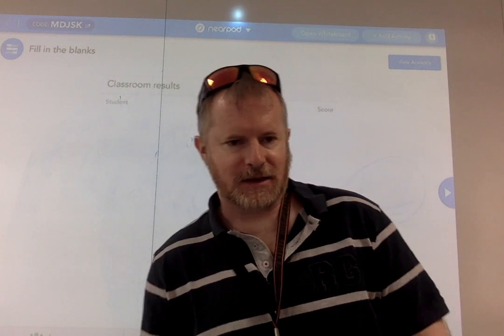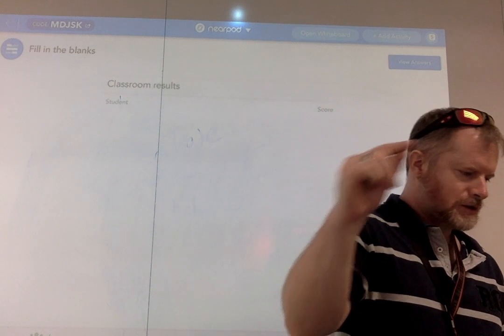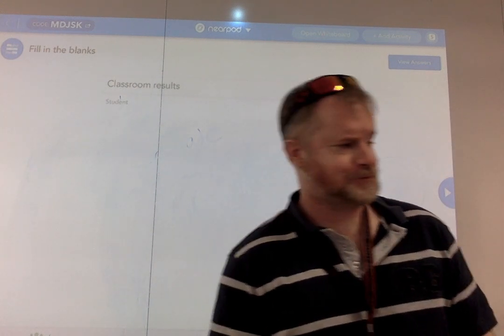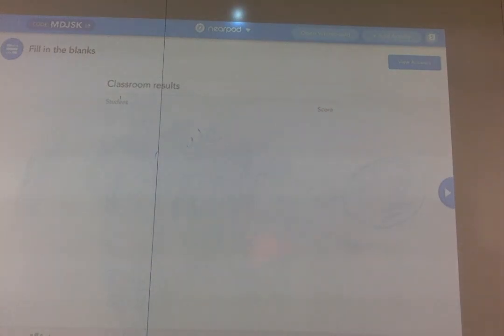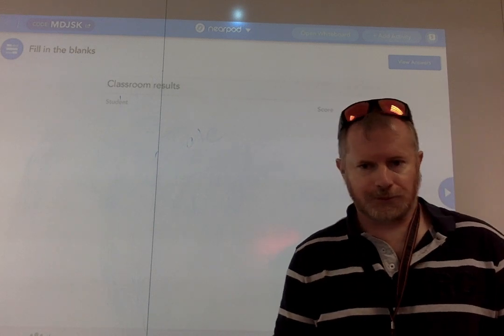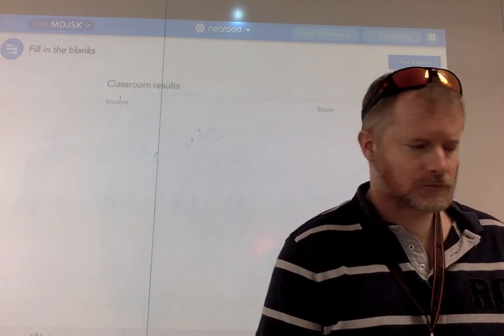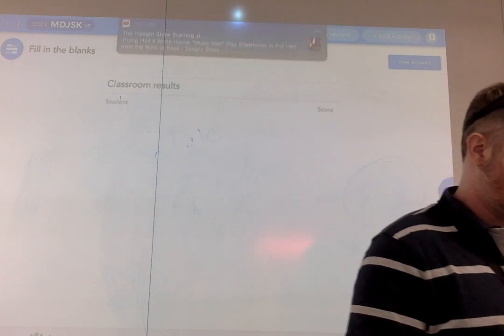Give you about another 10 seconds or so. Move the words into the spots, the gaps, where you feel they best fit. Ten seconds.